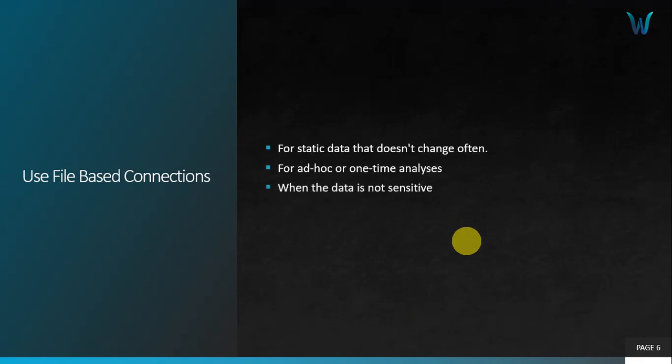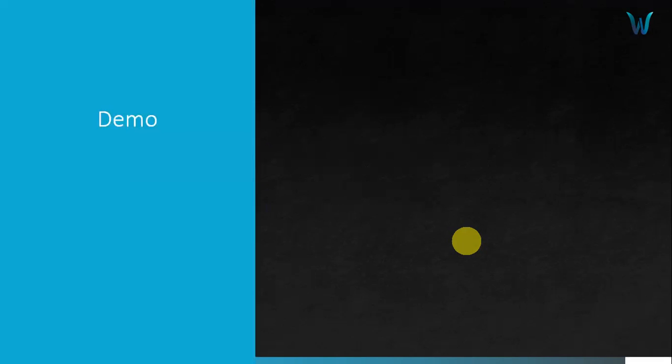Then you also have situations where your data is not sensitive. So you can also use a file-based connection in this instance. Then there are times when you just don't have resources, right, to work with a server. So you can opt to just work with a file like Excel, CSV, right, etc.